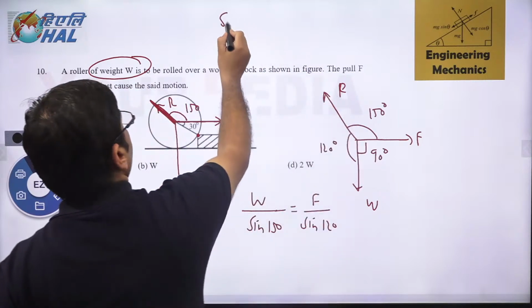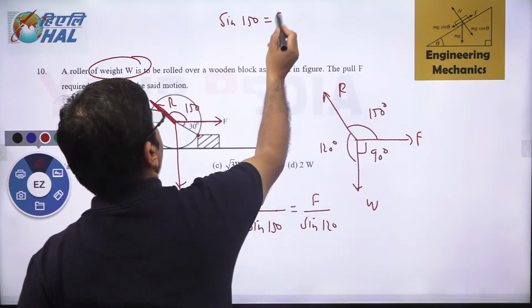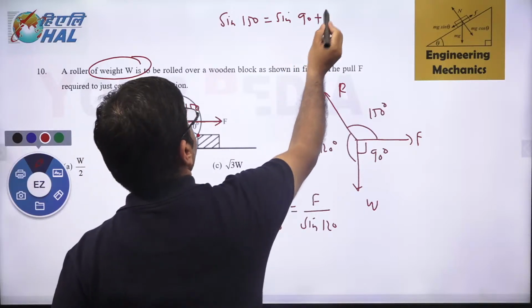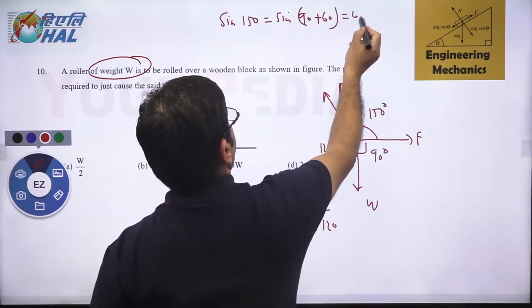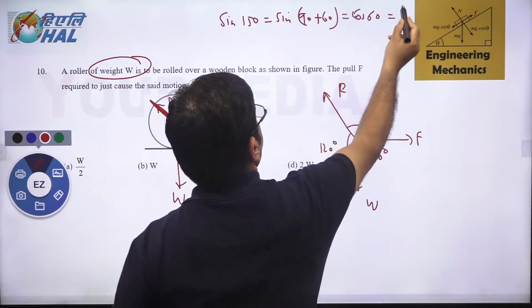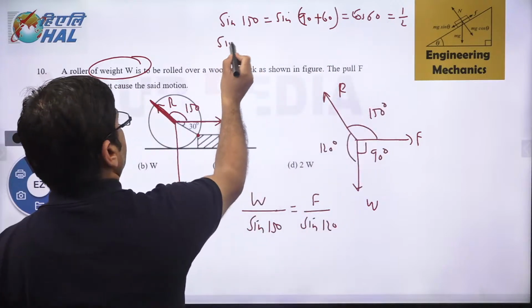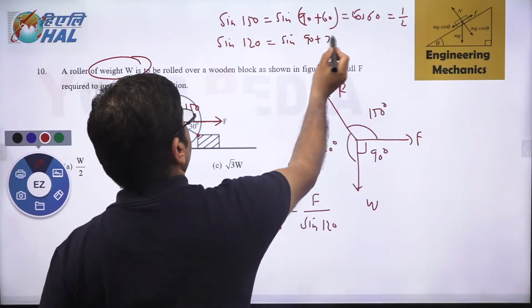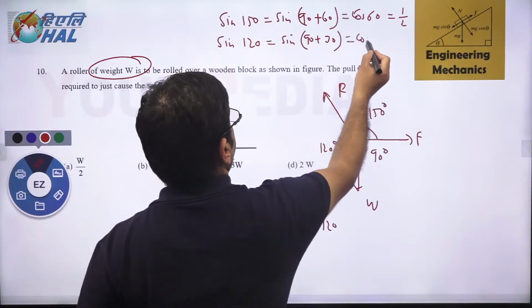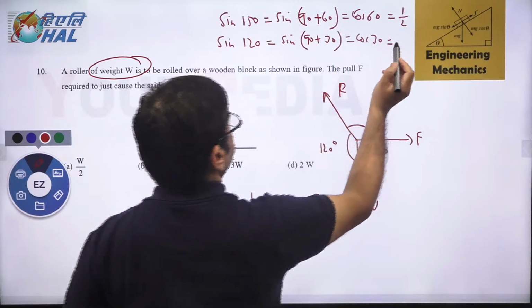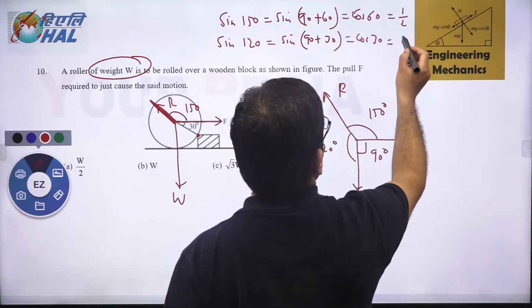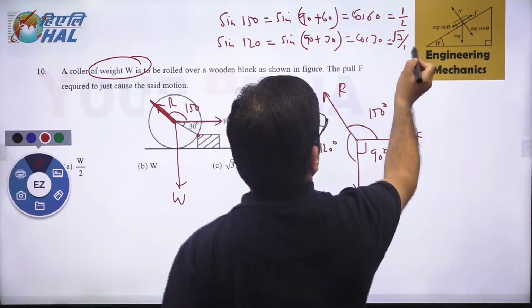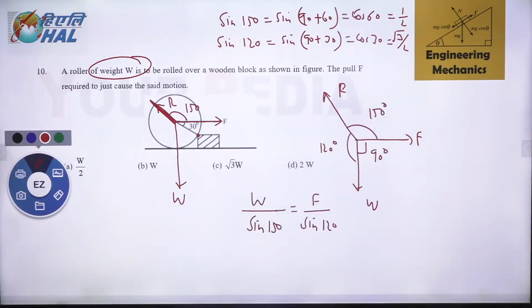And you know, sine of 150 is sine of 90 plus 60, which is cos 60. And cos 60 is nothing but 1 by 2. Similarly, sine of 120 is sine of 90 plus 30, which is nothing but cos 30, which is root 3 by 2.